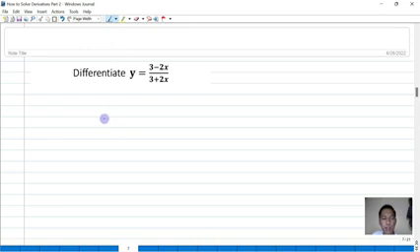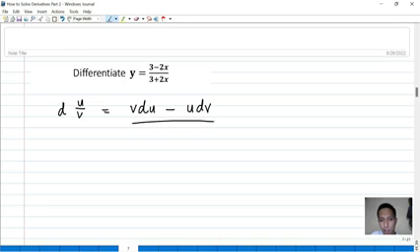So we have this next problem, guys. Differentiate y is equal to (3 minus 2x) all over (3 plus 2x). So this problem involves a quotient, so this is your quotient rule. The derivative of u over v is equal to v, copy the denominator, times the derivative of the numerator, minus the numerator times the derivative of the denominator, all over the square of the denominator.